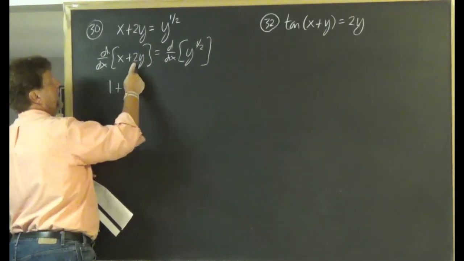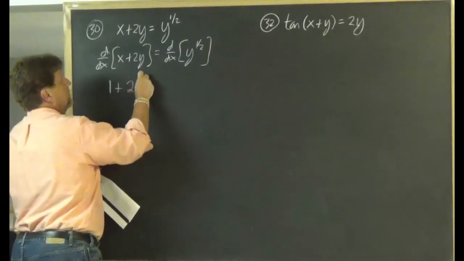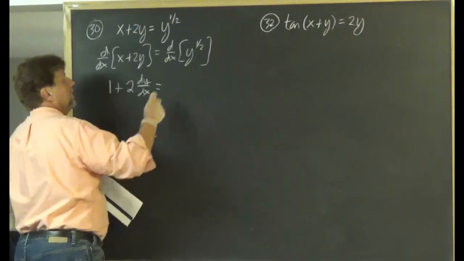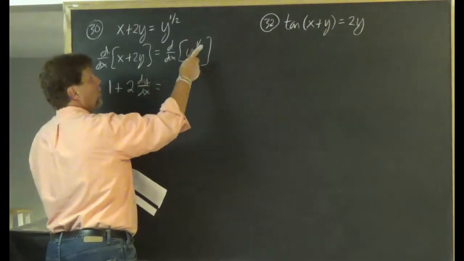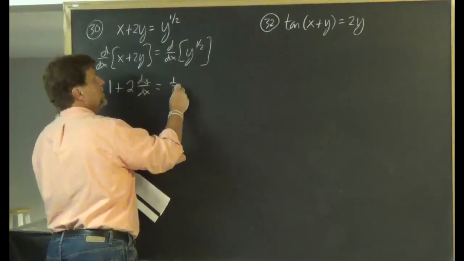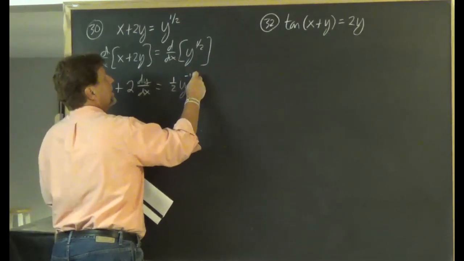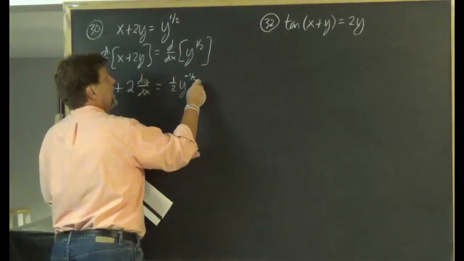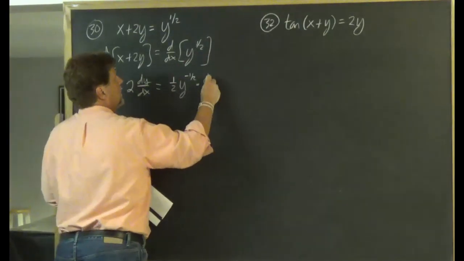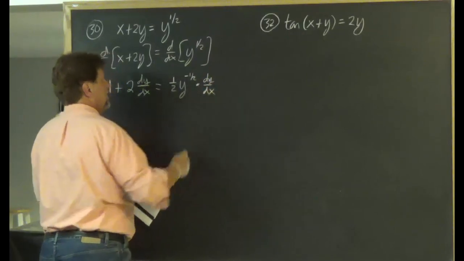The derivative of 2y is just 2 dy/dx. The derivative of y to the 1/2: remember, y is a function of x, so it's 1/2 y to the negative 1/2 times the derivative of that function of x, which is dy/dx.